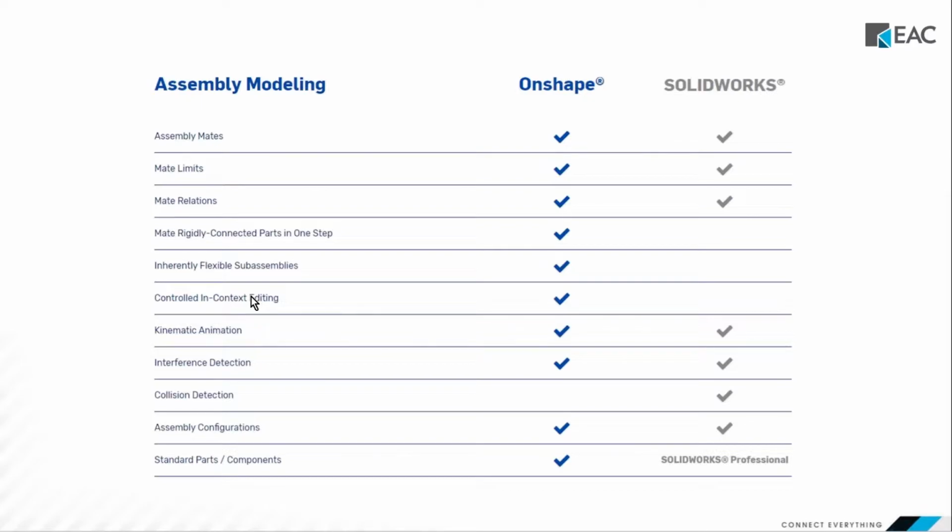So if I'm working on a part and somebody's sitting working with it in the assembly, the second that I finish making a change to that part, there's a little indicator next to that part in the assembly saying, this part has been updated. It won't automatically update it. That's what Onshape does. It will tell you if something has changed, and it will leave it up to you whether you want to incorporate that change or not. So that's what this meant by kind of controlled in-context editing. And then collision detection, SOLIDWORKS has that.